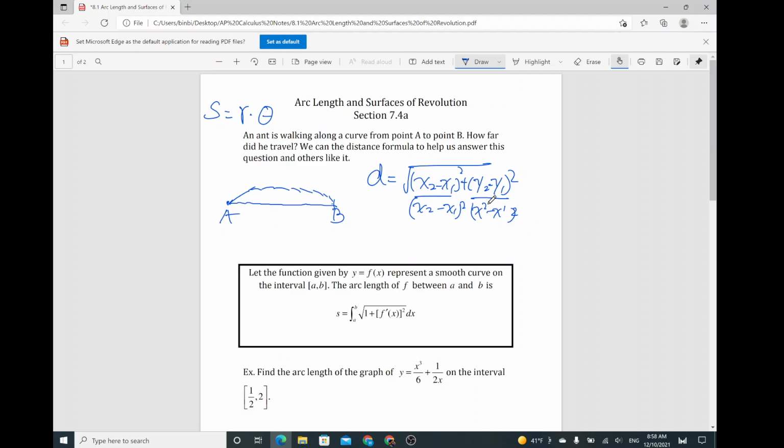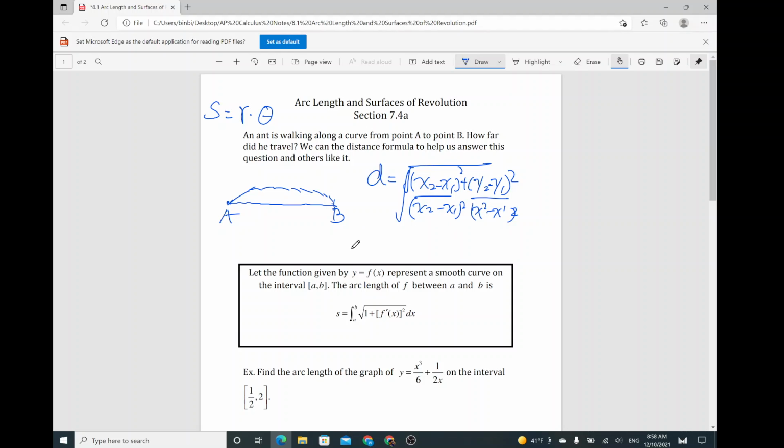This gives a similar situation: the average rate of change squared, which becomes the instantaneous rate of change squared. Dividing the whole thing gives 1, so we extend the square root all the way through.